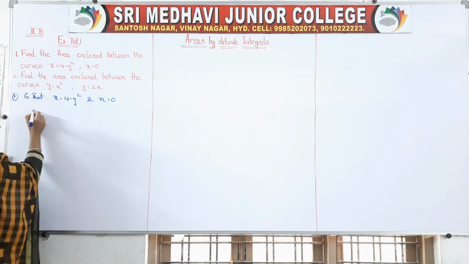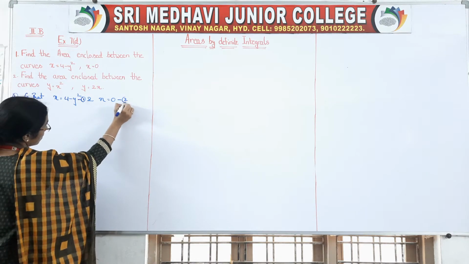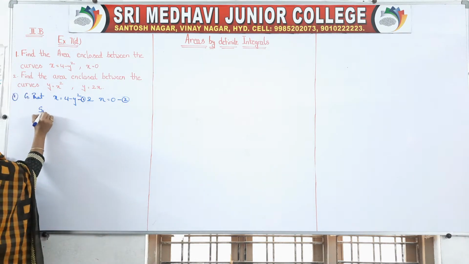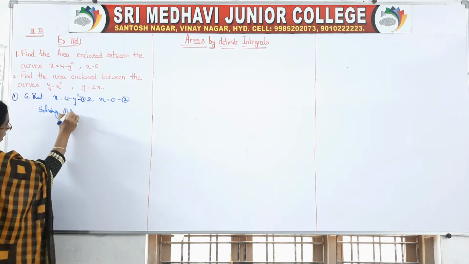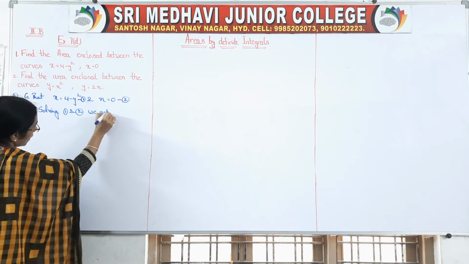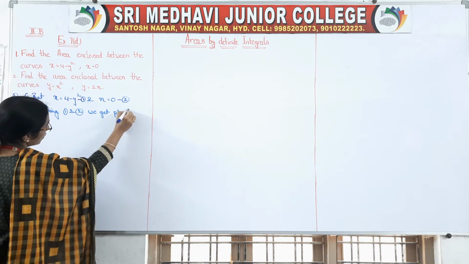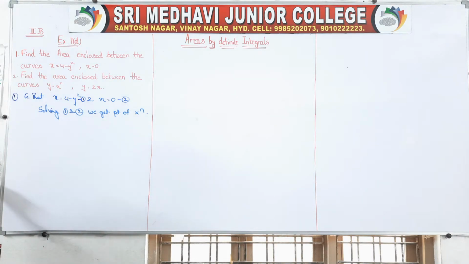So solving, you consider this as 1 and this as 2. Solving 1 and 2, we get the point of intersection.